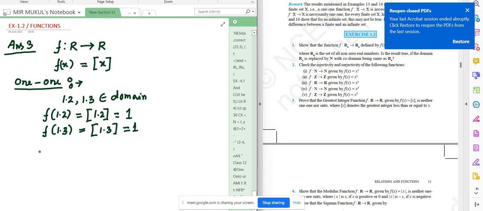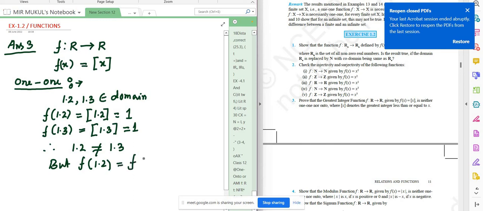Yes, sir. So here what we are observing, therefore 1.2 is not equal to 1.3, but f(1.2) equals f(1.3).